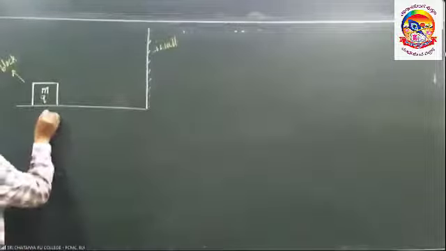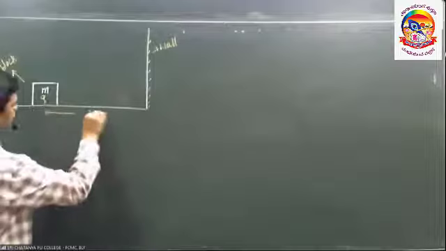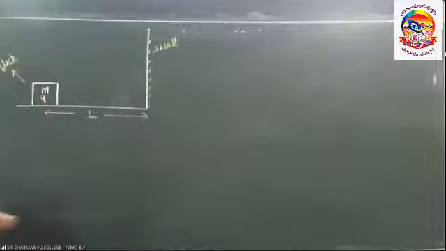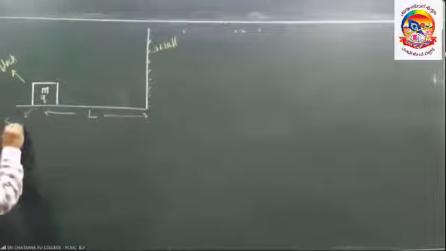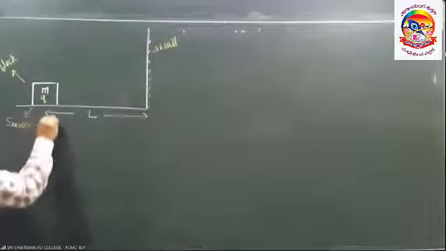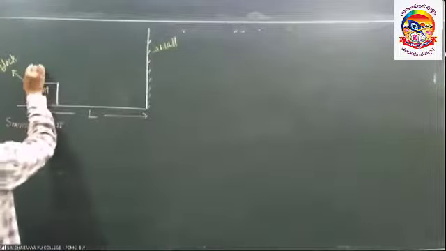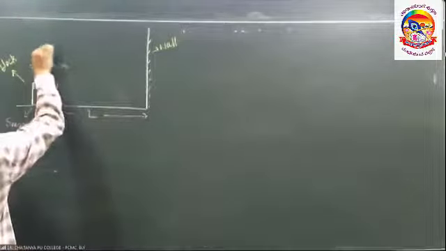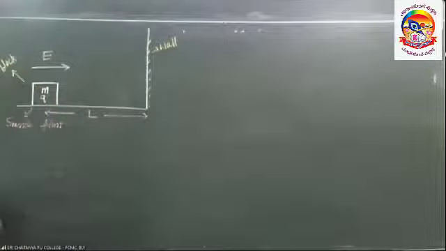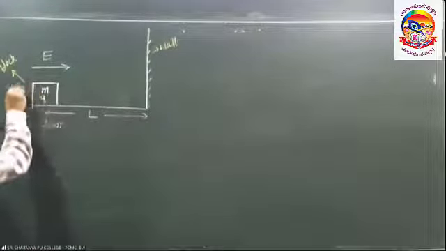Initially, the separation between these two is L. It is a smooth floor. Then an electric field is applied in this direction. Initially this block is at rest.